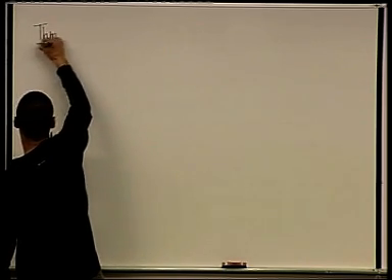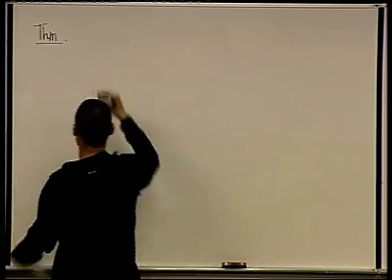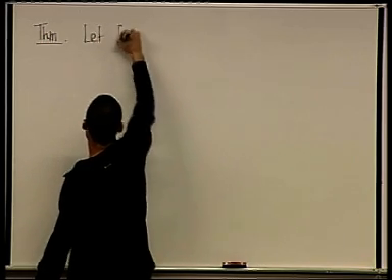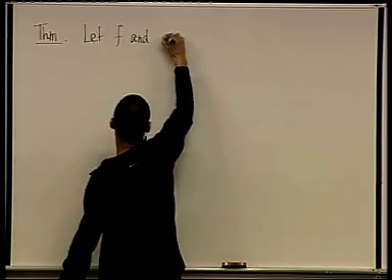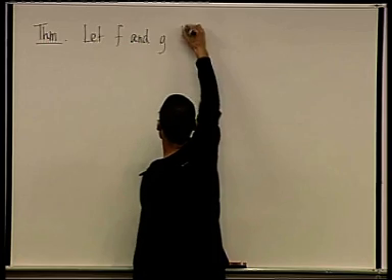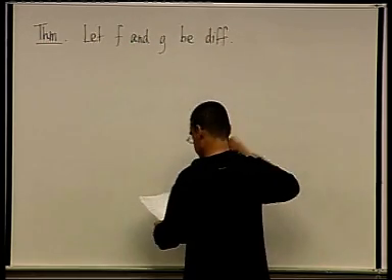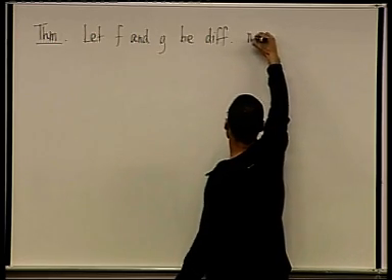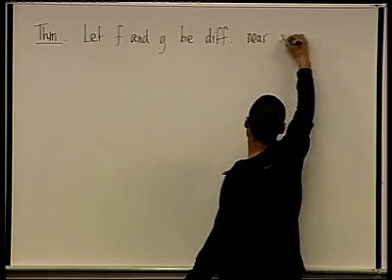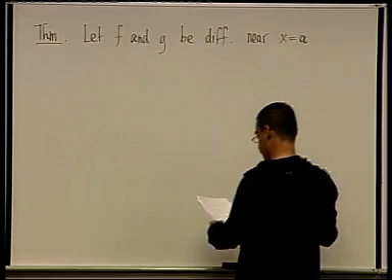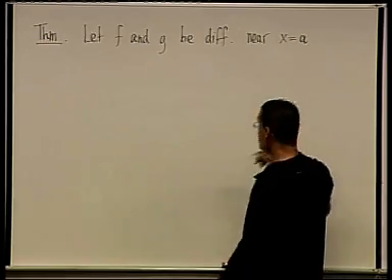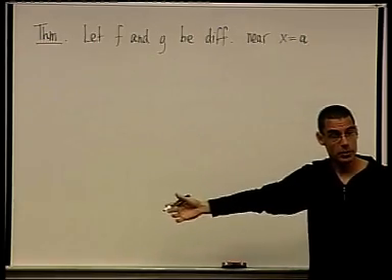So theorem, let f and g be differentiable near x equals a. Near means in a neighborhood of x equals a.